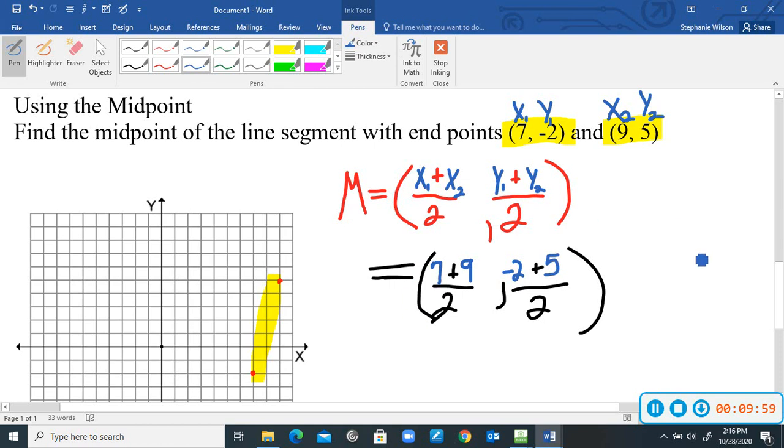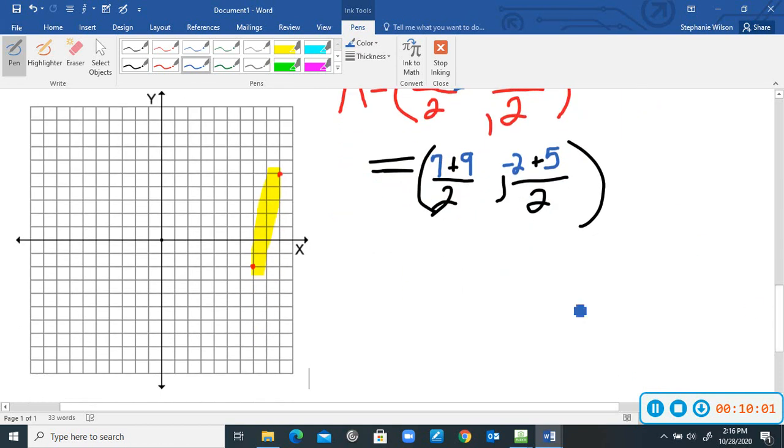Now let's clean this up. It says that we have 7 plus 9, which is 16. I have negative 2 plus 5 is 3, and let's put the rest together. Alright, we try cleaning it up if it will reduce, and I notice that 2 will go into 16 8 times, so I'm able to clean that one up.